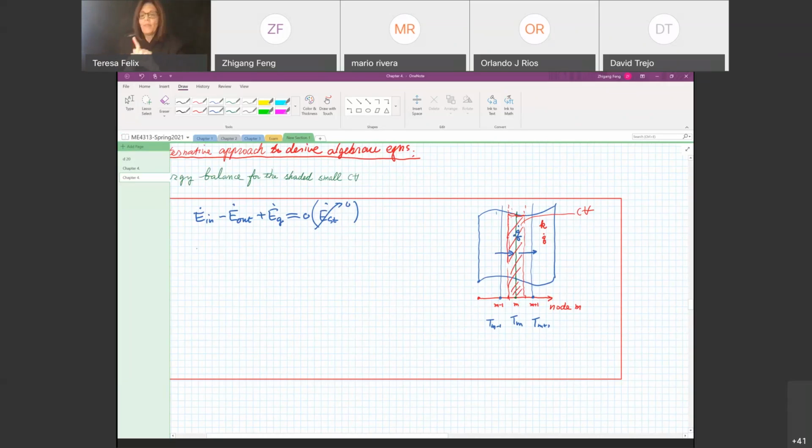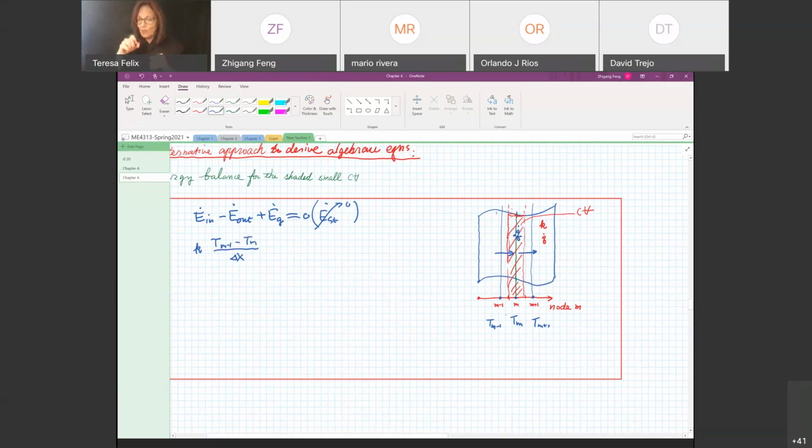So for E dot in, that's the amount of heat that goes into the control volume from the left side, and equals K multiplied by the temperature at this node point, T sub M minus 1, minus the temperature at the center, T sub M, divided by the distance between these two nodes, which is delta x. Remember the spacing?